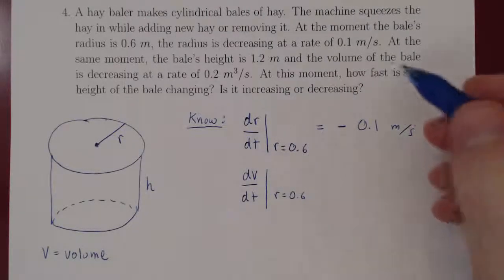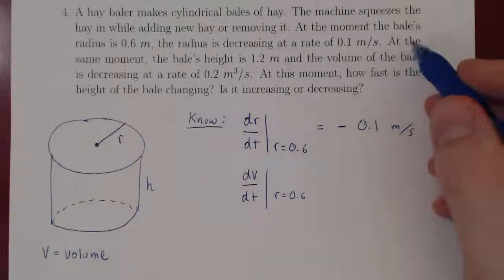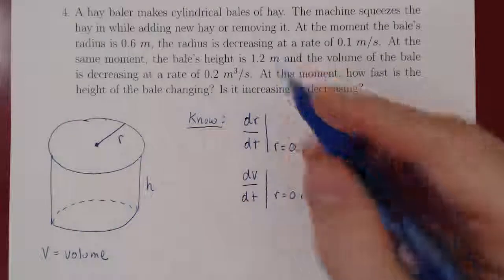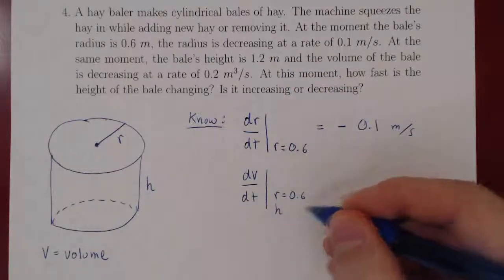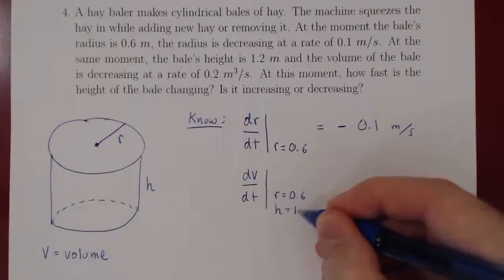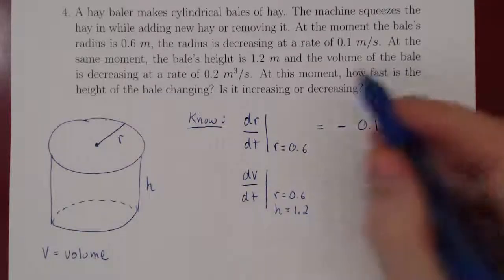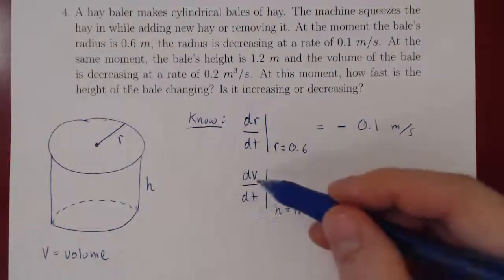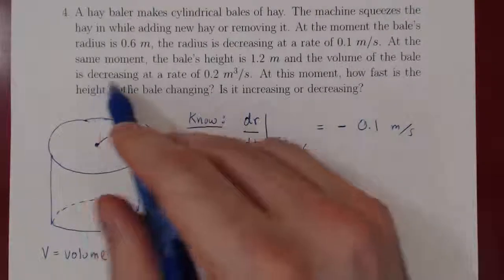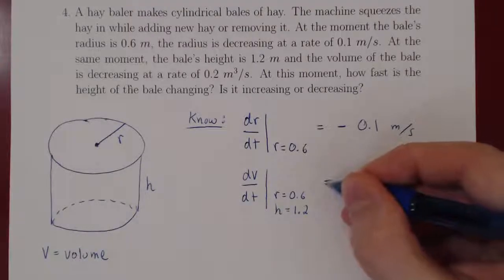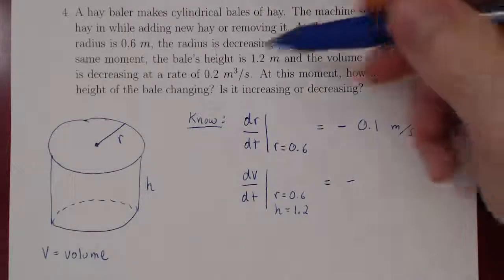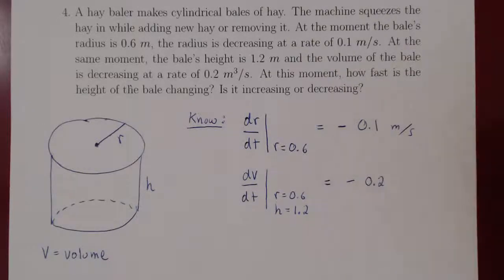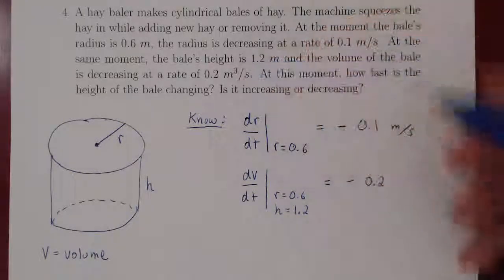But we were also told an additional piece of information. At the same moment, when the radius is 0.6 meters, the bale's height is 1.2 meters. So when r is 0.6, the height is 1.2. The volume of the bale is decreasing at a rate, that's the rate of change of the volume. It is decreasing, therefore, the implication is that we have a negative rate of change, and the rate is 0.2. And since we're talking about volume, meters cubed per second.